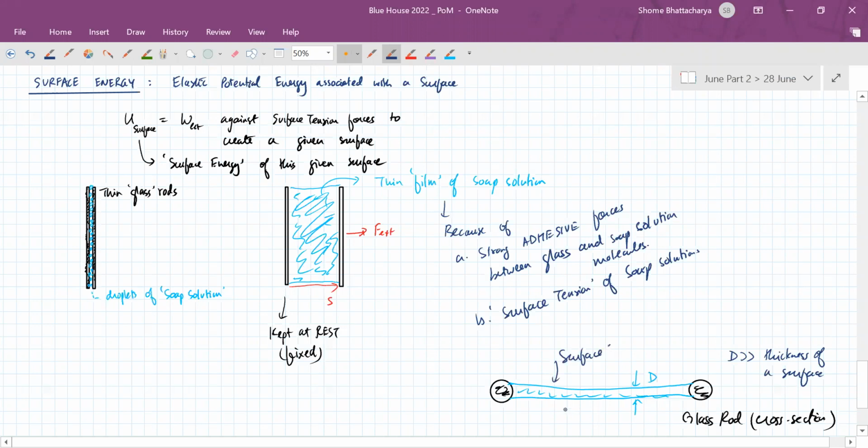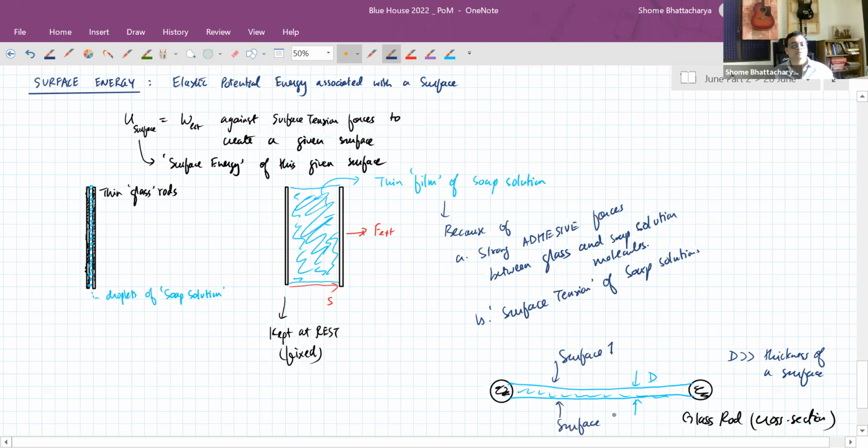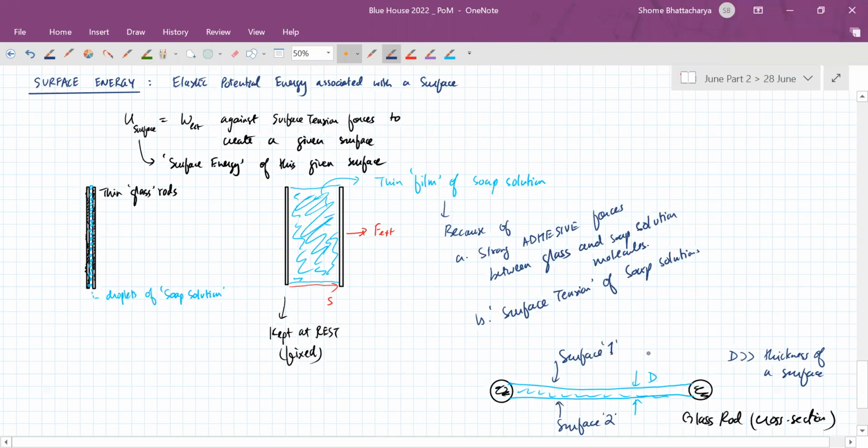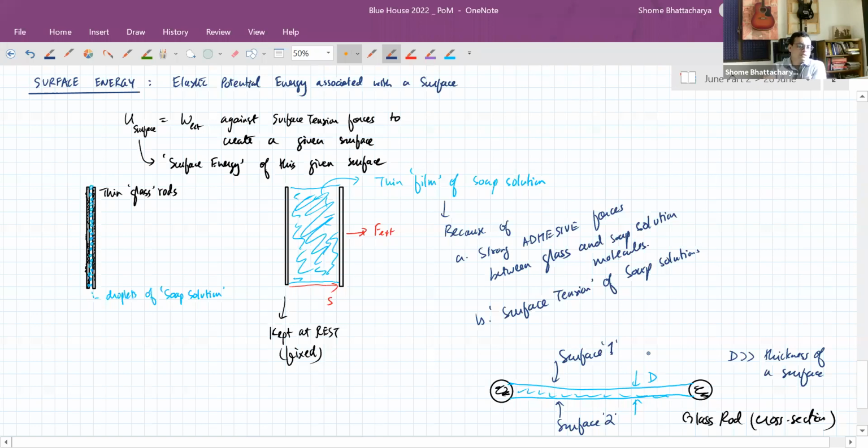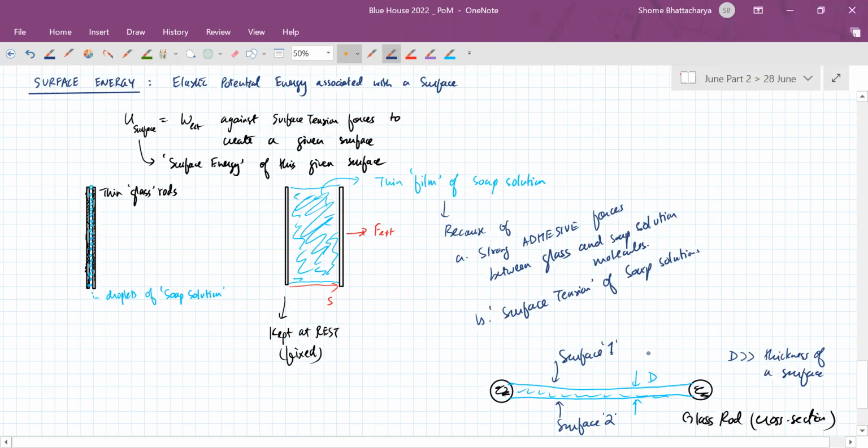So the thickness is molecule size, right? No, but the film is not that thin, beta. That's what I'm saying. The surface is that thin. So this film is actually bounded by two surfaces on either side. You understanding my point? If we magnify it enough, we'll understand that the film is a few microns thick, whereas a surface is a fraction of a micron, like 1/100th or 1/1,000th of a micron, much thinner.